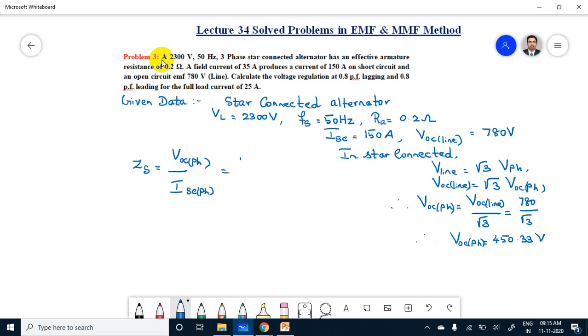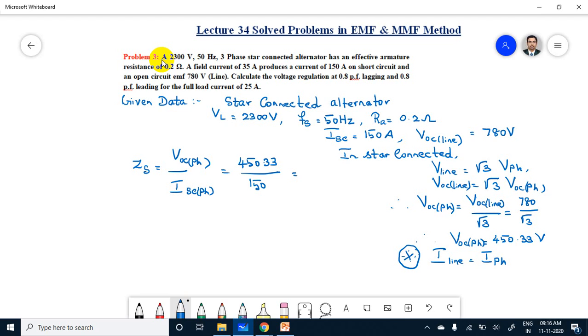VOC phase we already got, 450.33, divided by ISC phase. ISC phase is 150, because in star connection the line current equals the phase current.